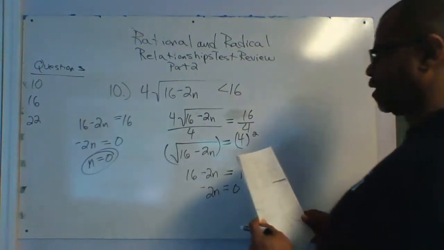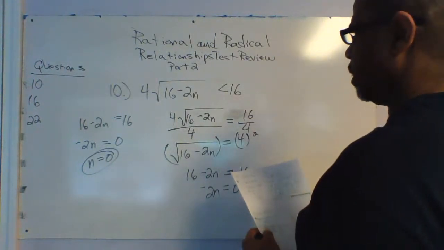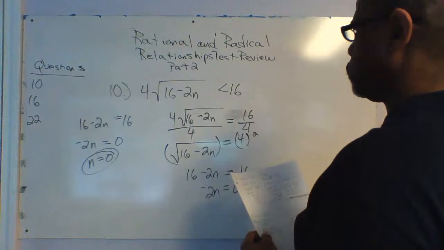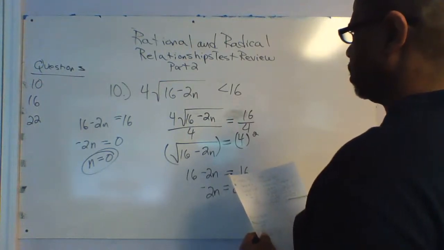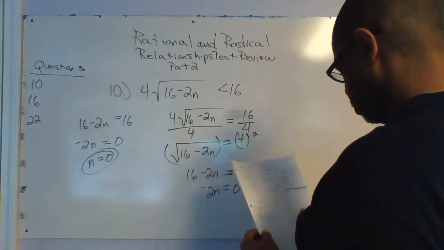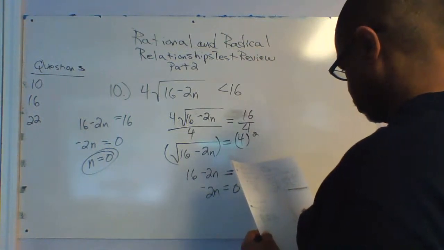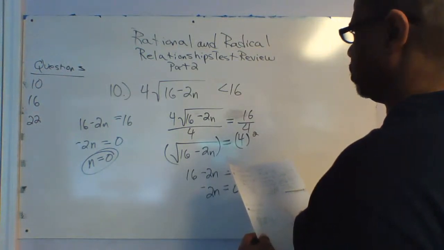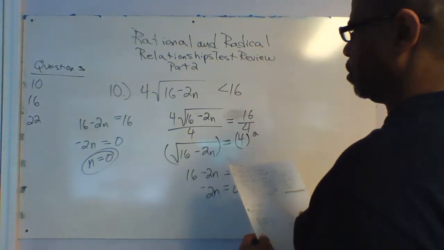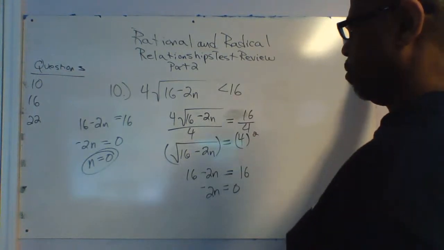Man, I don't know what I was thinking when I did that one. So it should be n. If I put 0, that's 16. That's 4. If I put 8 in here, that would be 0. Okay, so 16, 8. What was I thinking?